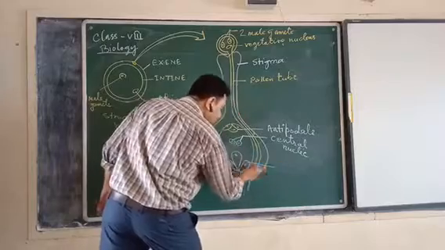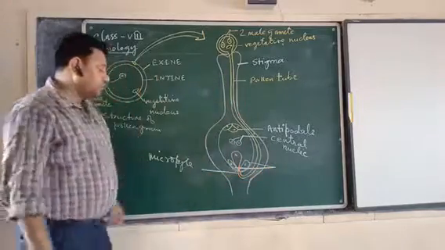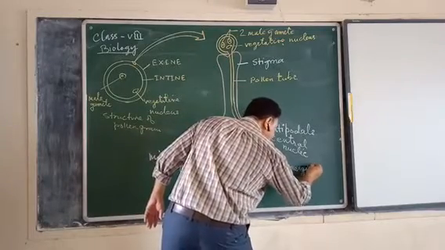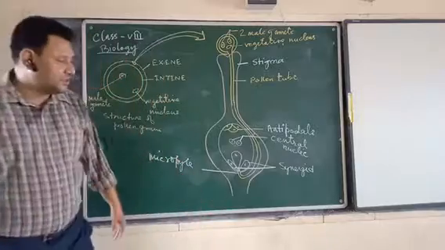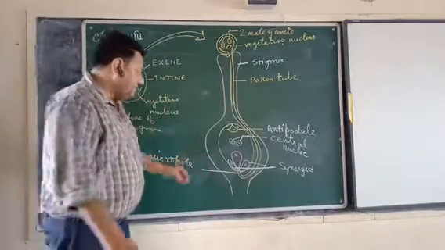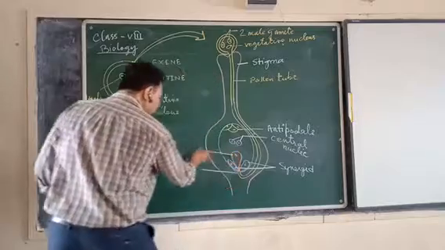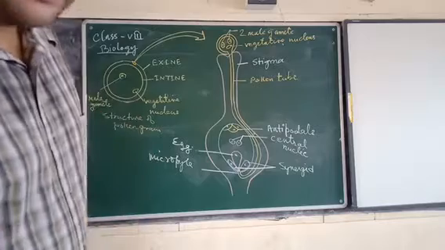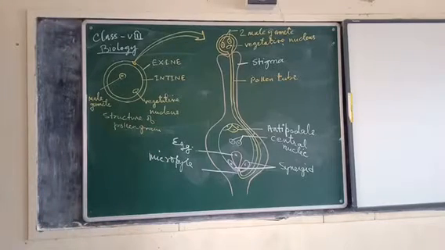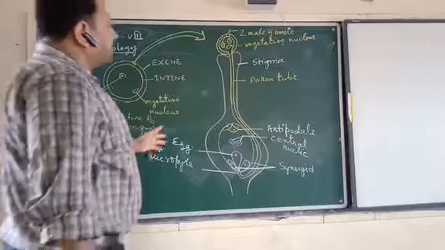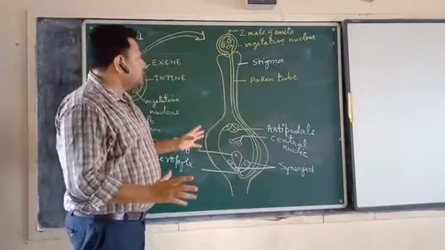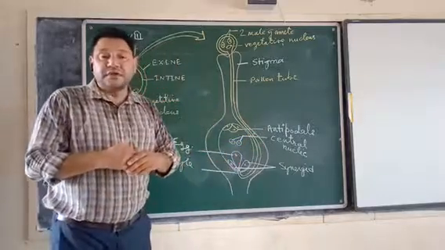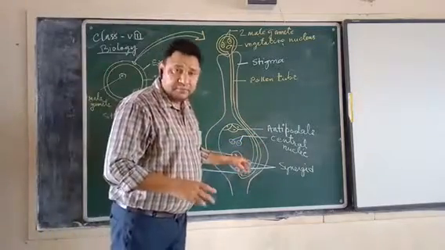Here, these two are known as synergids. And this bigger one is known as the egg. So this diagram represents how the pollen tube enters and from where it is going to fuse with this egg.